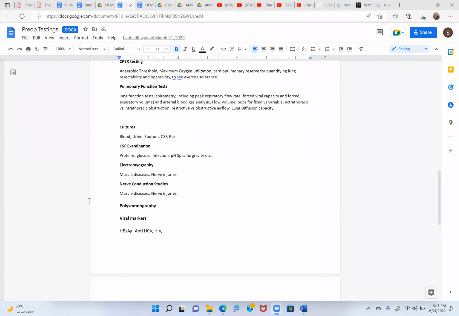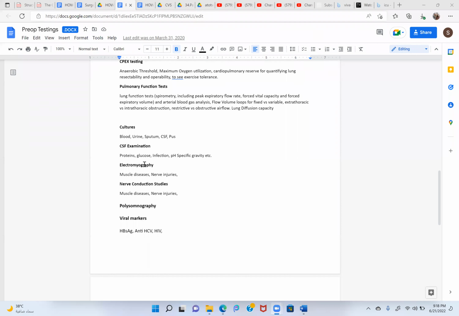And then some other investigations should be showing in which condition CSF proteins are increased: viral encephalitis, GB syndrome. Okay, so you should be knowing this.